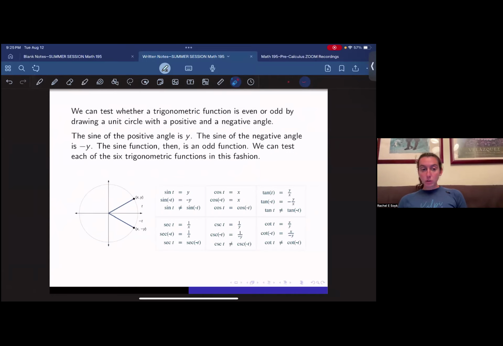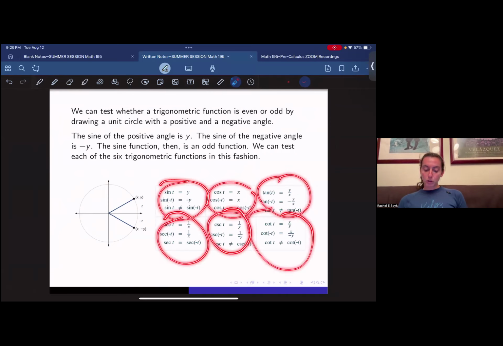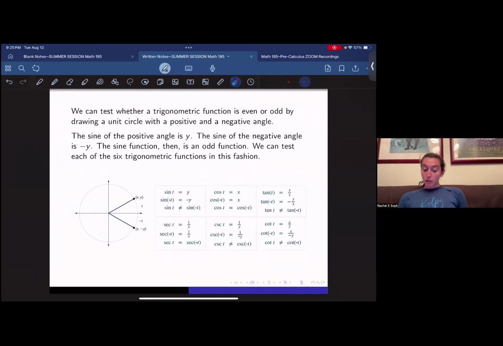And we can use our definition and plug in for each to prove which ones are even and which ones are odd. For sine, if we plugged in negative t, we would spit out a negative y, which tells us that sine of t is not equal to sine of negative t, therefore it's not even. Sine of negative t is equal to negative sine of t, which means it is an odd function.